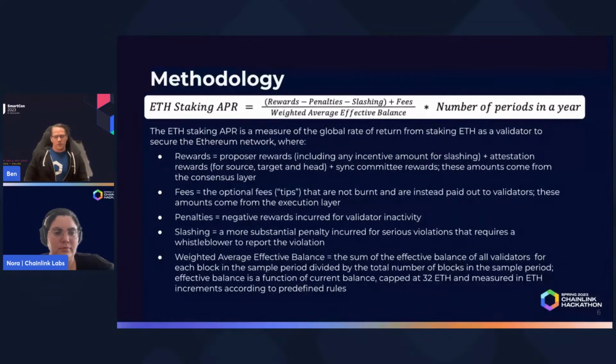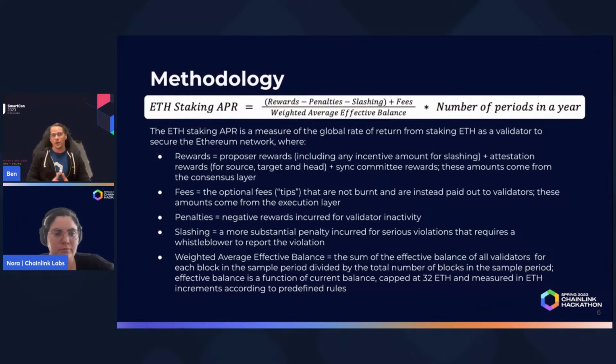To get the rate of return, we use in the denominator the weighted average effective balance. And that calculation is a little bit more complicated. Data providers are collecting data on the effective balance for every validator in a given block. They're adding that up to get to a total effective balance for that block.